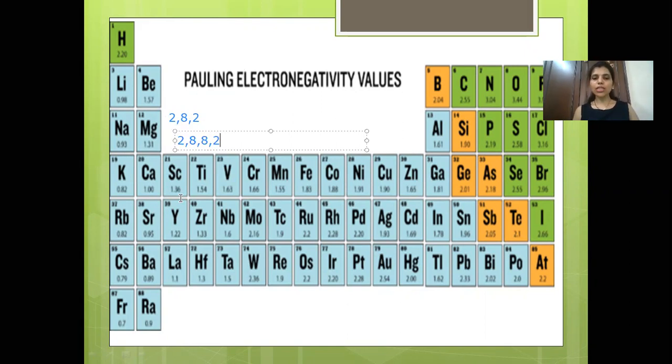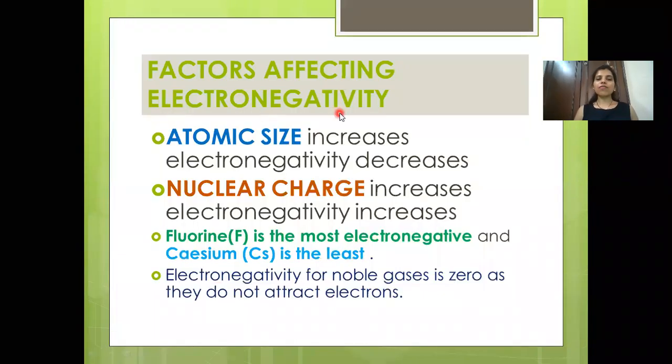So now we have seen both the trends. So in the next part, you will see the factors affecting: atomic size and nuclear charge. Atomic size increases, electronegativity decreases.